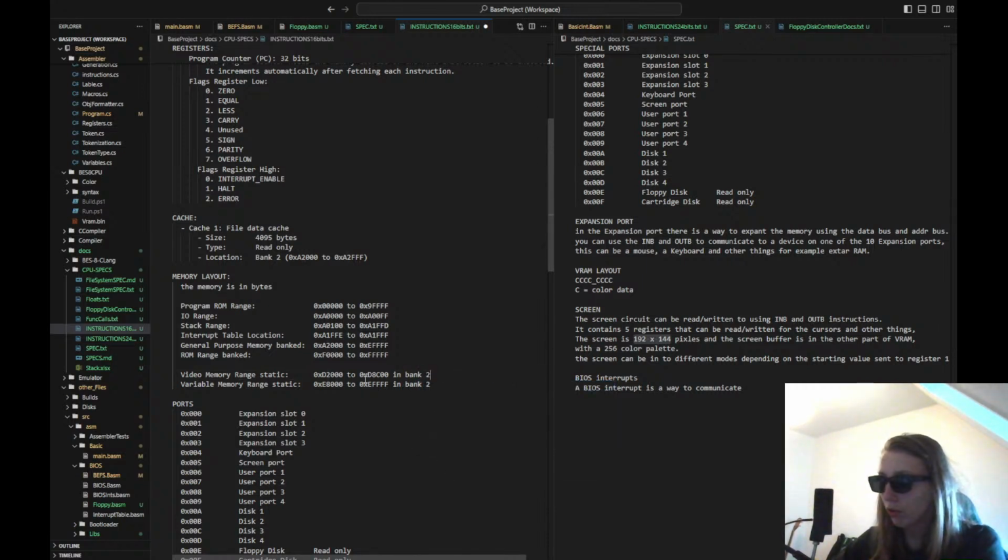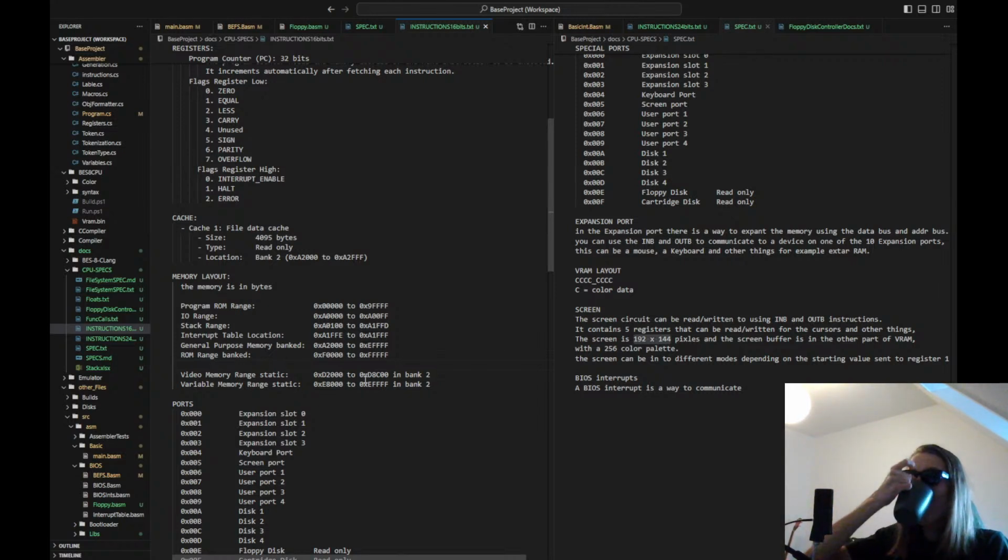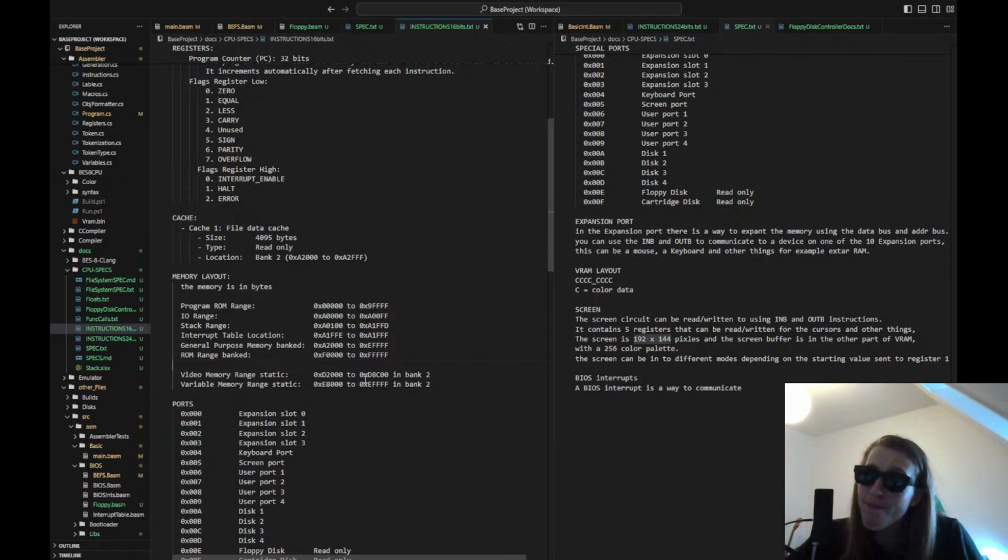Why not also just throw that in bank 2, I guess. Like seriously, everything is at bank 2, and it's not even intentional, it's just me. Maybe I should move something away from bank 2. So around 32 kilobytes of video memory. Or was it 26 kilobytes, give or take, of video memory?